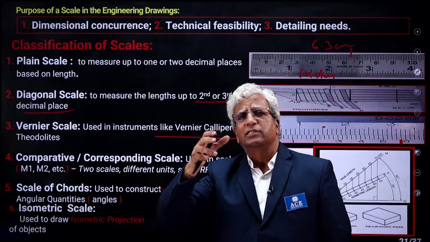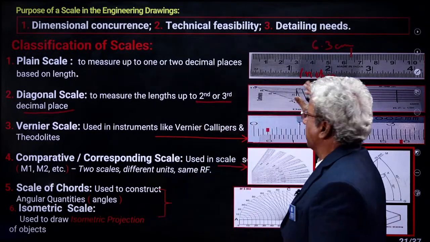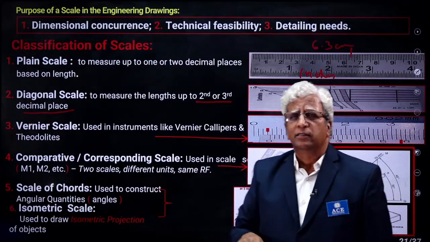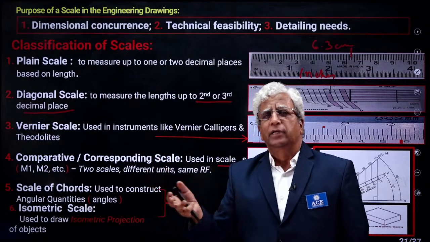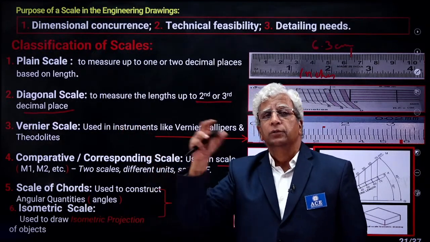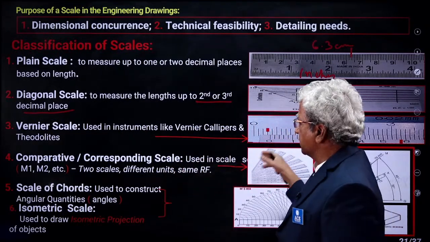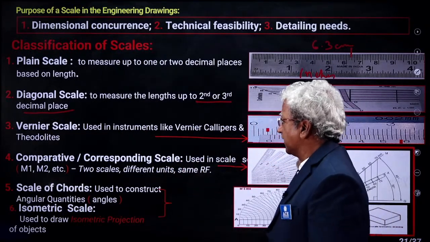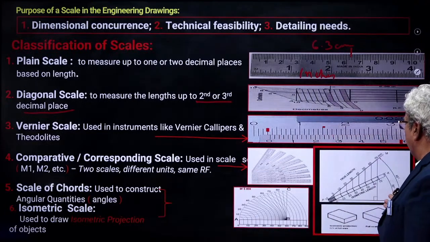Whereas in the 3-dimensional object, if you want to visualize, we need pictorial views. We have seen previously the oblique view, perspective view, like that, isometric view. From the 3 sides you can observe that. So for such things we need an isometric scale. Here you can see an isometric scale.